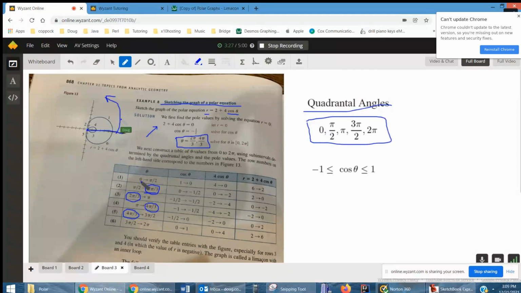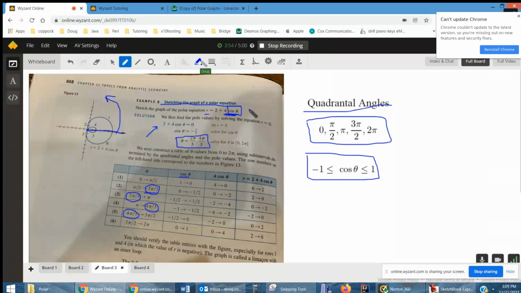So from 0 to pi over 2, what happens to the cosine of theta? Well, the cosine of theta is always between -1 and 1. That gives you an idea of what the possible values of r are going to be, because this factor right here, cosine of theta, can never be bigger than 1. 4 times 1 is 4. 2 plus 4 is 6.